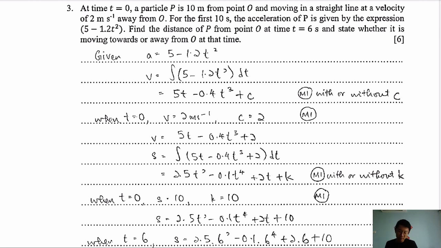For this question we have, at time t is equal to 0, the particle p is 10 meters from point O. Usually what happens is we look at the questions carefully.